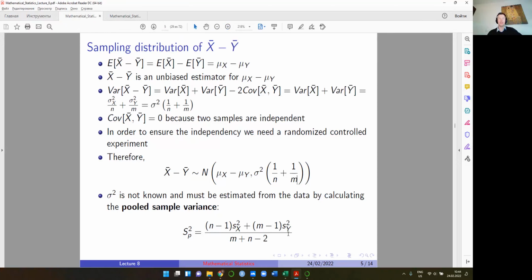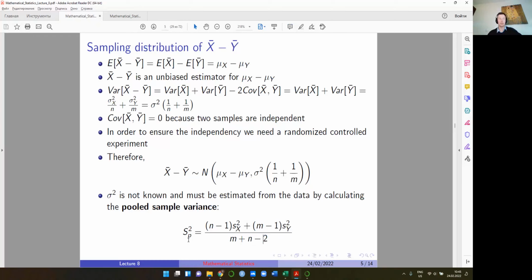Well, basically this is the weighted average of sample variances, because this is the weight of the first sample variance, this is the weight of the second sample variance, and then we have just the sum of these two weights, right? So n minus 1 plus m minus 1 gives us m plus n minus 2. So a weighted average of two sample variances.